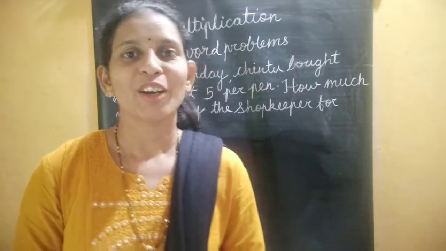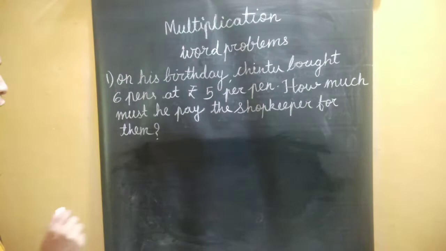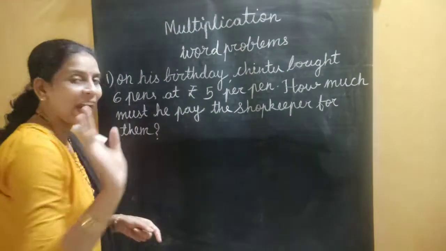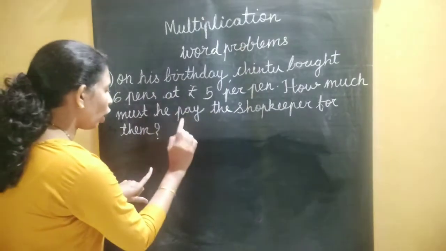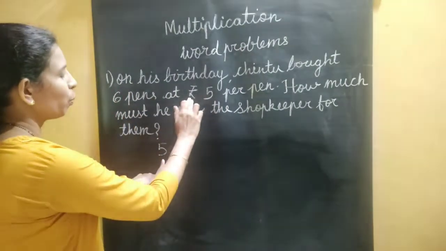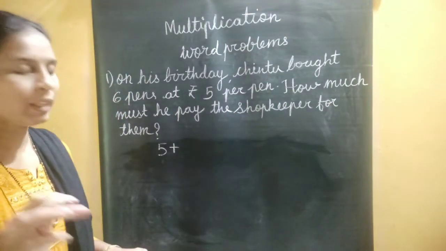So students, did you understand the activity? Very good. So students, according to your activity, the first thing we have done is addition. Correct? Means the cost of one pen is equal to 5. Rupees 5 per pen. So how many pens are there? 6 pens.